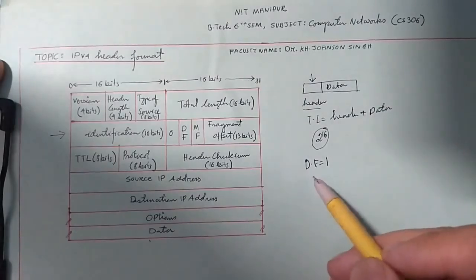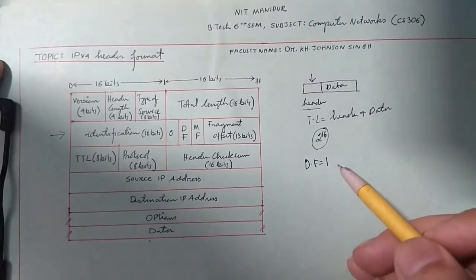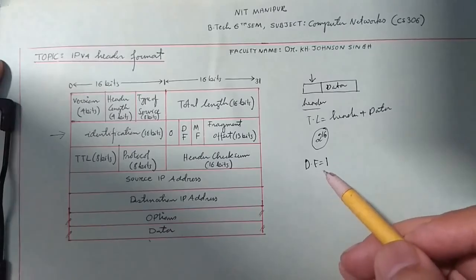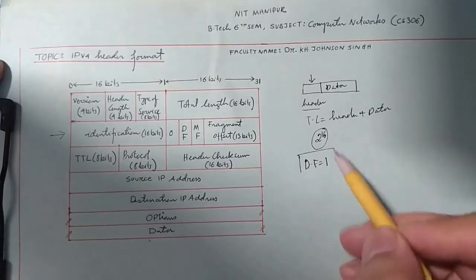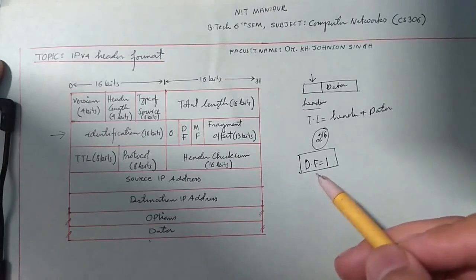If the packet is large enough that it cannot be transmitted through a particular channel because it exceeds the maximum transmission unit, and the DF flag is set to 1, then we have to discard the packet. We cannot fragment it.